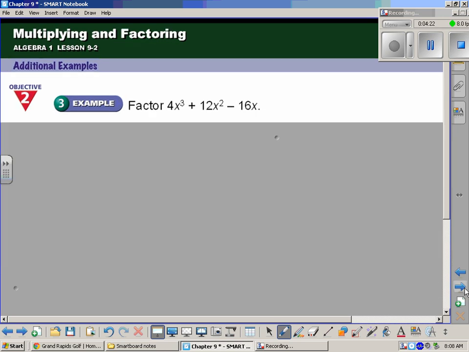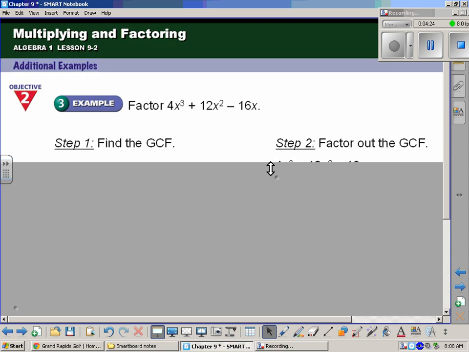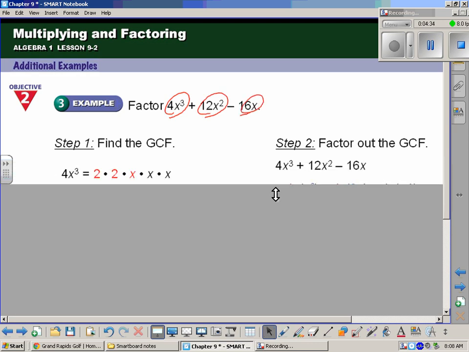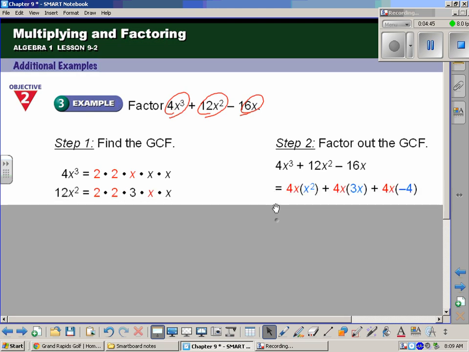All right, same thing. We're going to be factoring out and finding the GCF. So we're going to break down each term in the expression. To find the factors of 4x cubed, we break it down as 2 times 2 times x times x times x. 12x squared, we break down as 2 times 2 times 3 times x times x.